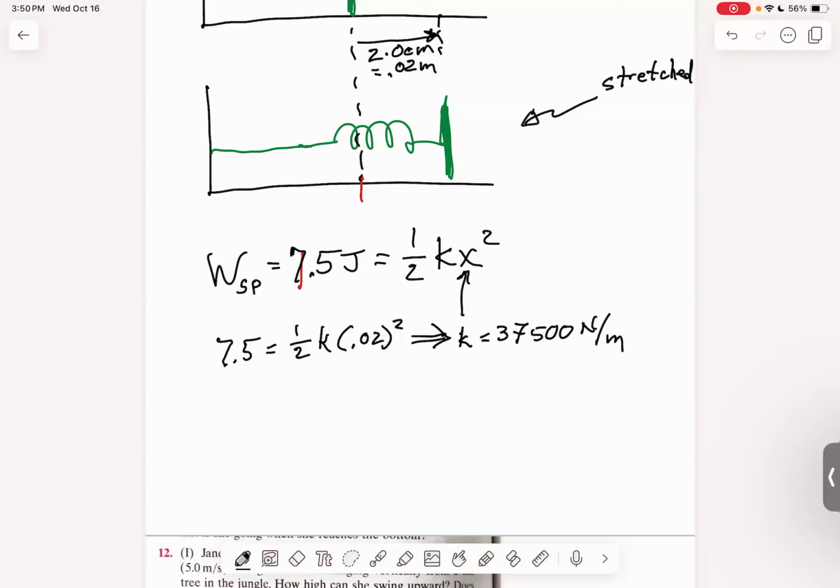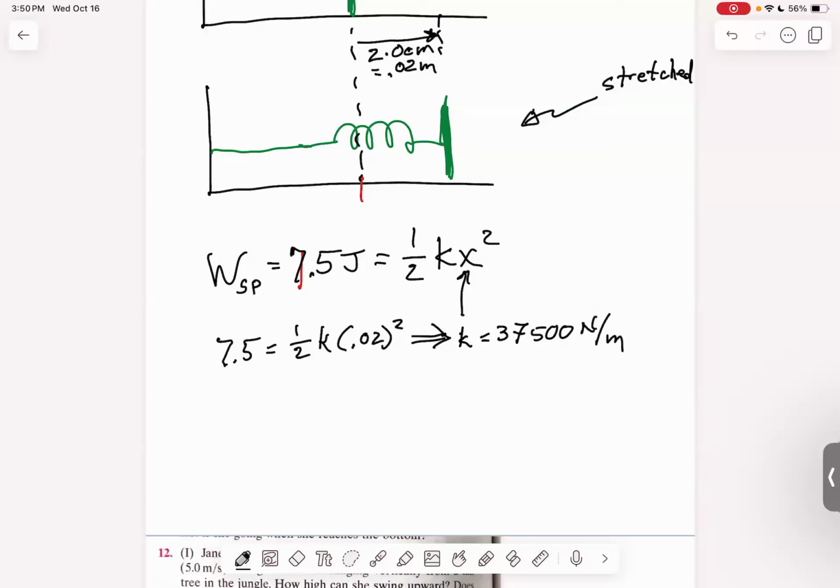So that's a pretty strong spring. Okay, so that's probably a spring that's going to hold back maybe two train cars or trucks together. I'm not sure exactly the value, but it's going to be a pretty big spring.